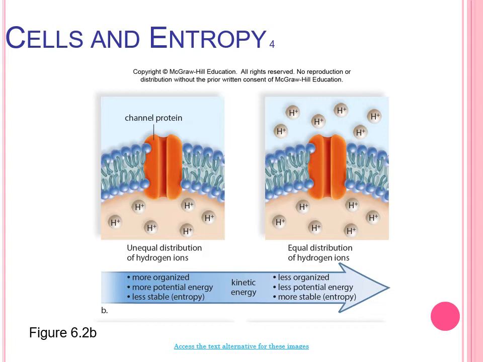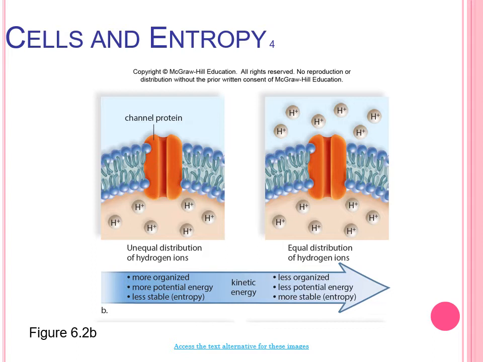And so here our assistance is going to come in the form of a transmembrane protein, this channel protein. And so the protons are going to need to move from an area of high concentration to an area of low concentration. And so the molecules are going to travel through the transmembrane protein to what appears to be outside of the cell.